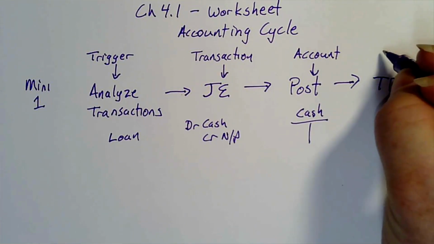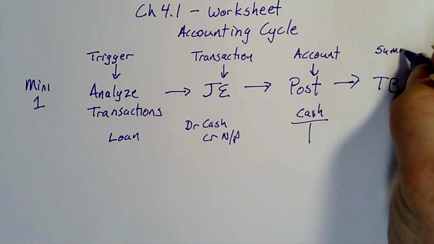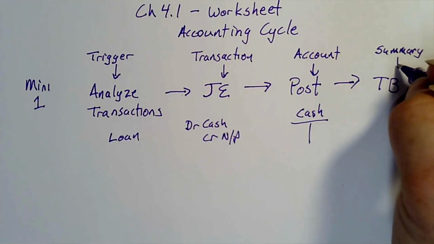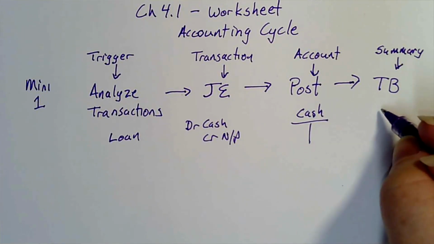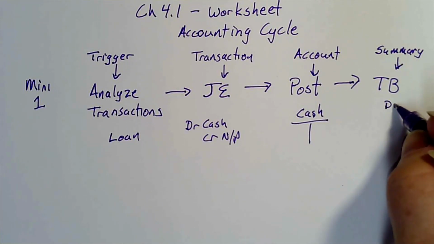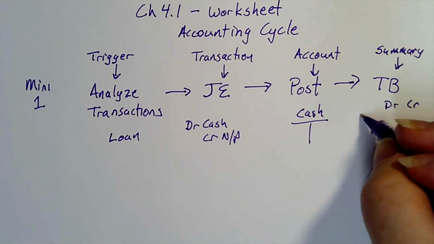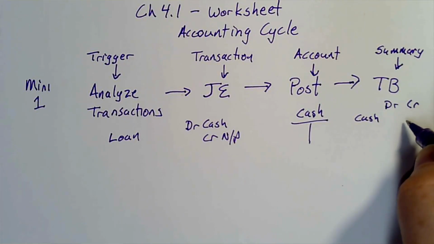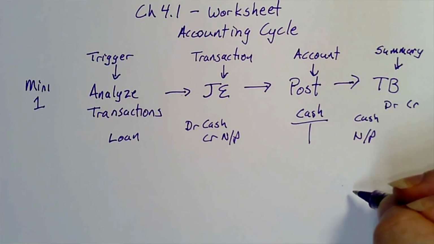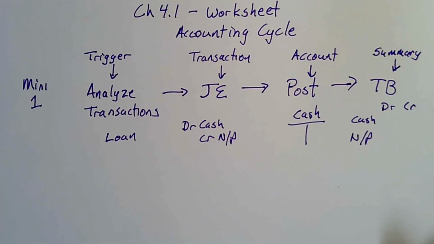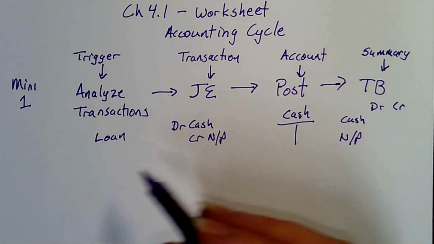We just want to put the summary of the cash entries into our trial balance. So the trial balance would have the summary of the cash T account, the summary of the note payable T account, and all the different T accounts that we have. And that was the first cycle through.